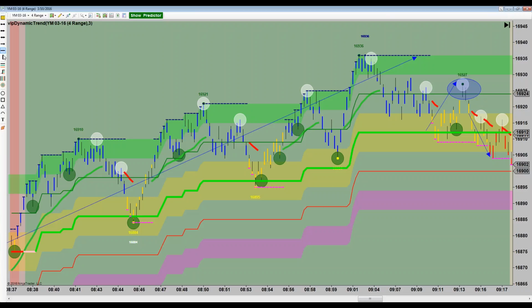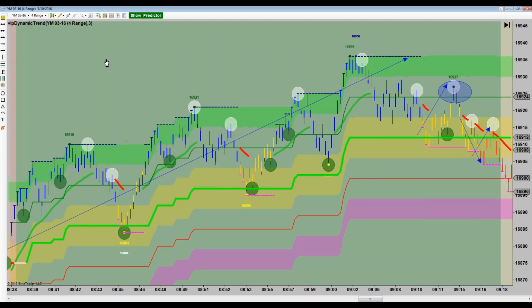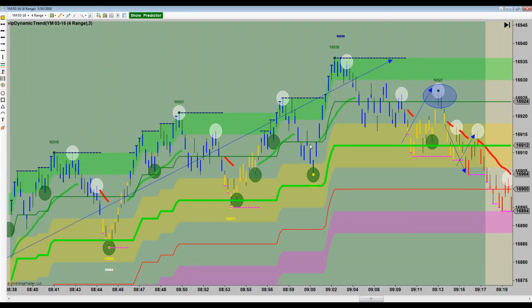Now, note what happens here. You come up to just above the mid-band, and what happens? What happens right here at that swing level? Does it continue up into here? It rolls over.